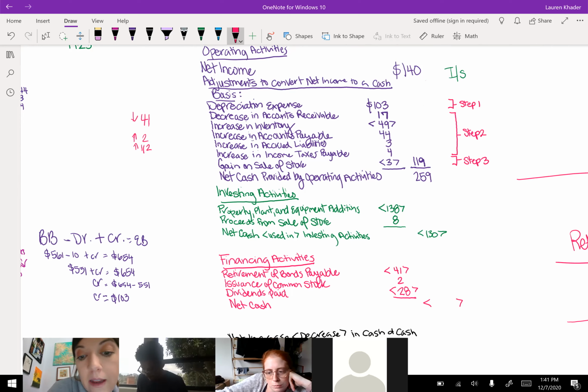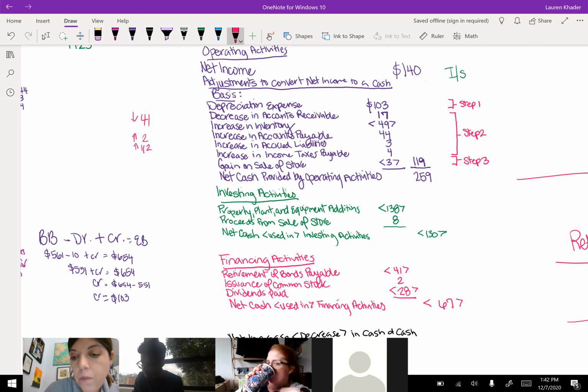How much was the net cash used in financing activities? 67. Correct. Okay. And then you will want to put a single underline here.